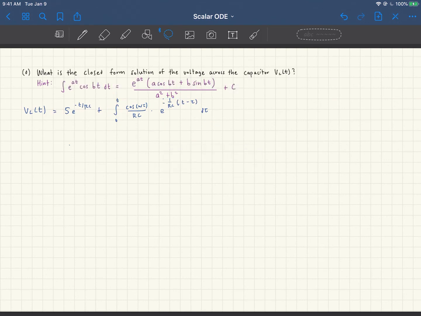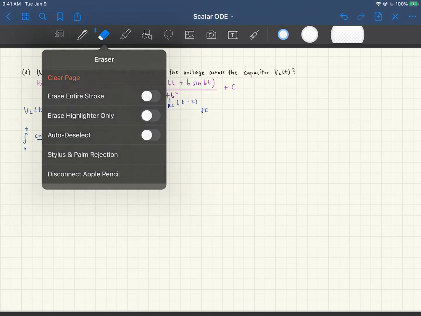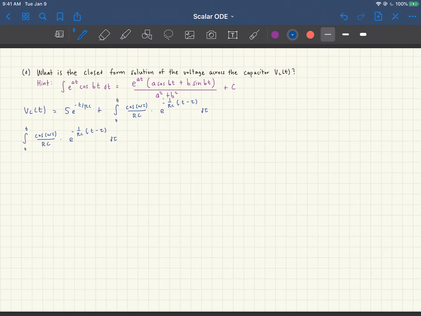So if we look at just the integral, we see that we have an e to the minus t over RC, so we can pull that out. And we also have an RC in the denominator that we can pull out.